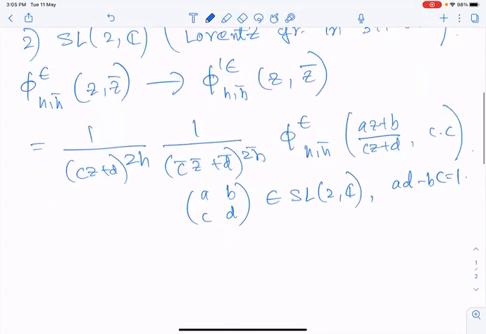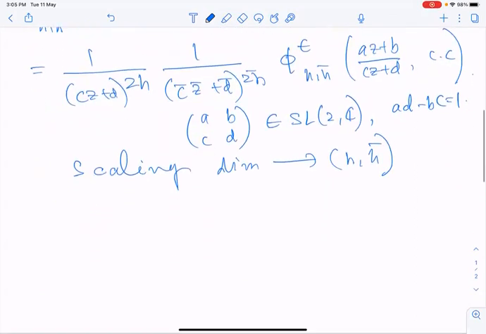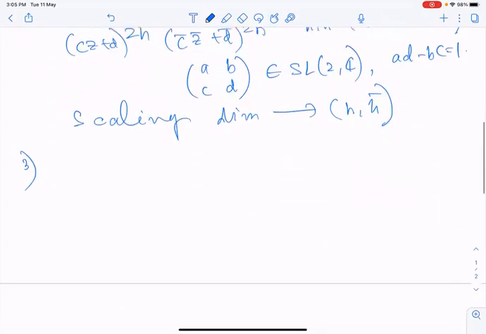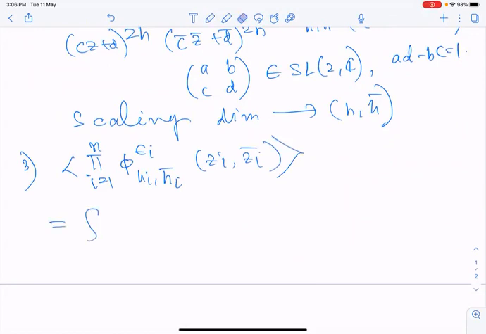So this transforms like a primary with scaling dimension h bar. Now number 3 was that you can define the correlation function of these primary operators, which are essentially Mellin transforms of the S matrix.